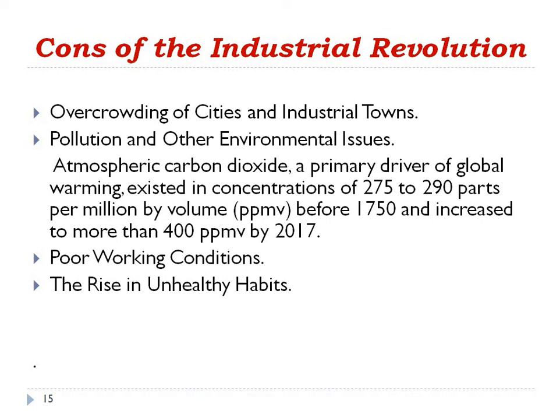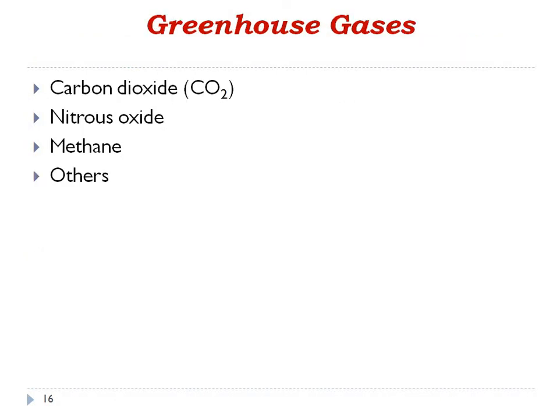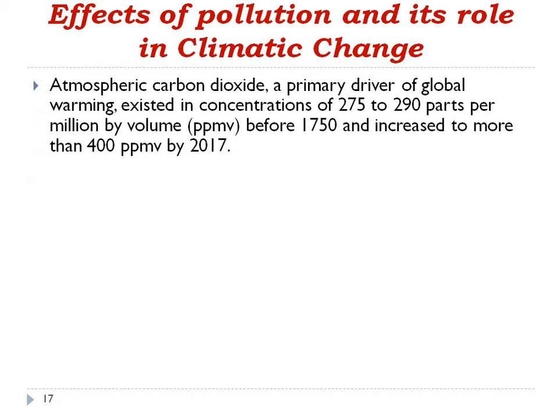So our air, water and earth started getting polluted. A lot of greenhouse gases were emitted, especially carbon dioxide, nitrous oxide, methane, and the other gases also. And all this started causing various problems to human health and also to the nature.